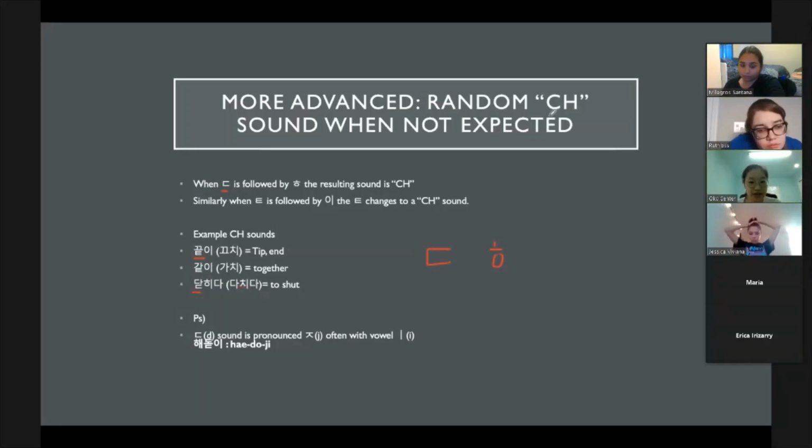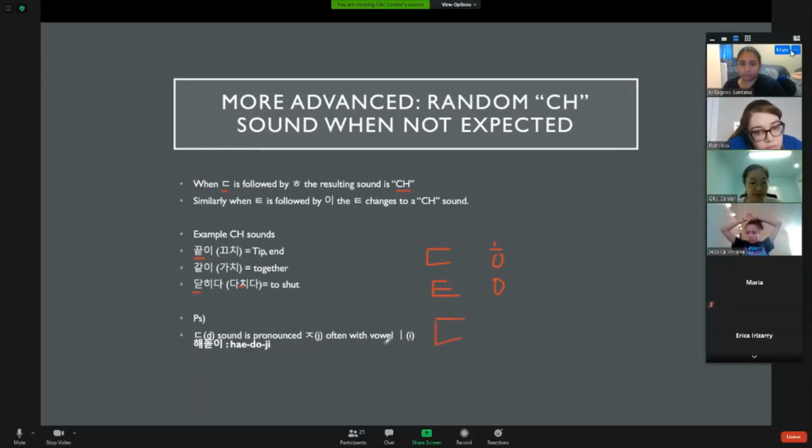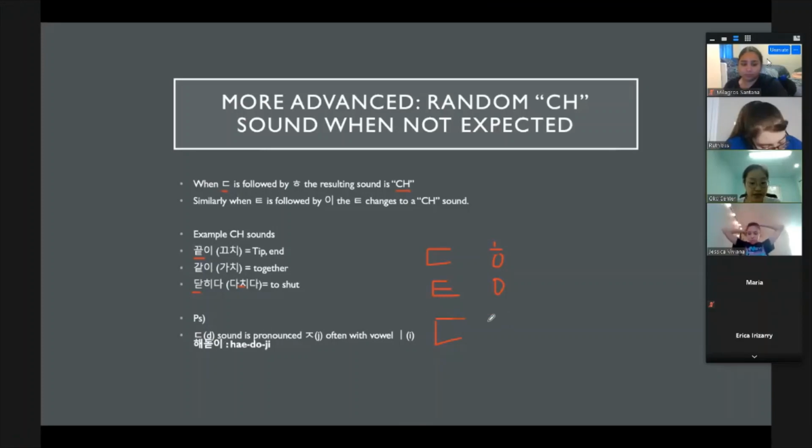And whenever you have a tigut sound in a final consonant, and then you see the ing, it will change to a ch sound too. So those are the rules.